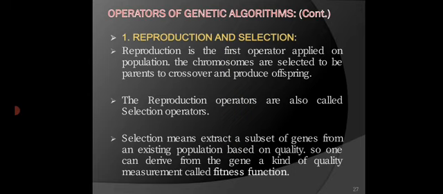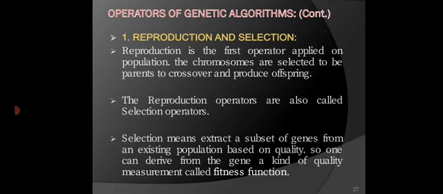The reproduction operator is also called the selection operator. Selection means extracting a subset of genes from an existing population based on quality. So one can derive from the genes a kind of quality measurement called the fitness function, right?